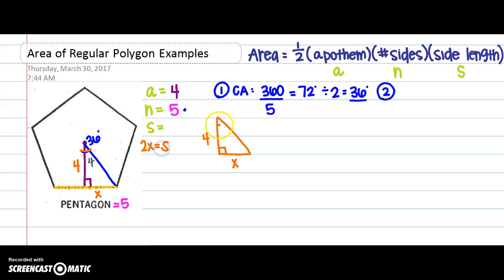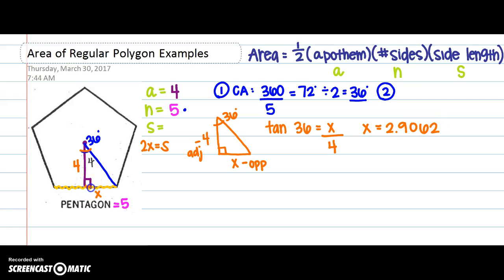Tangent of 36 degrees equals x over 4, because x is my opposite and 4 is my adjacent. When I put that into my calculator, 4 times the tangent of 36, making sure you're in degrees rather than radians, I round to 4 decimal places.